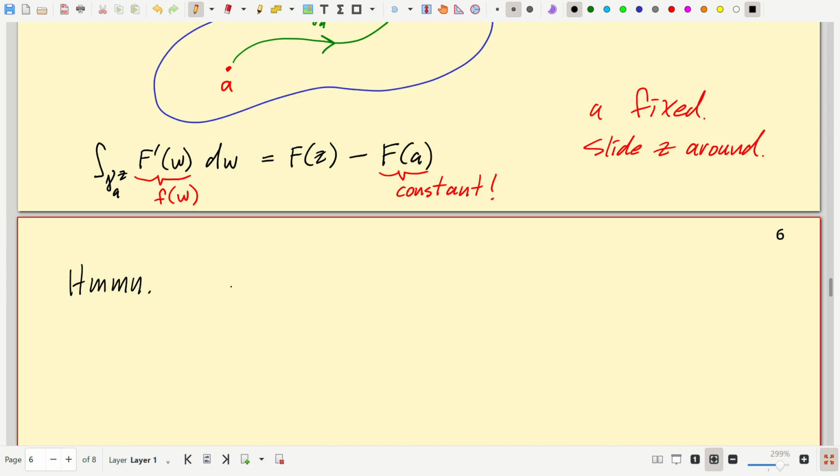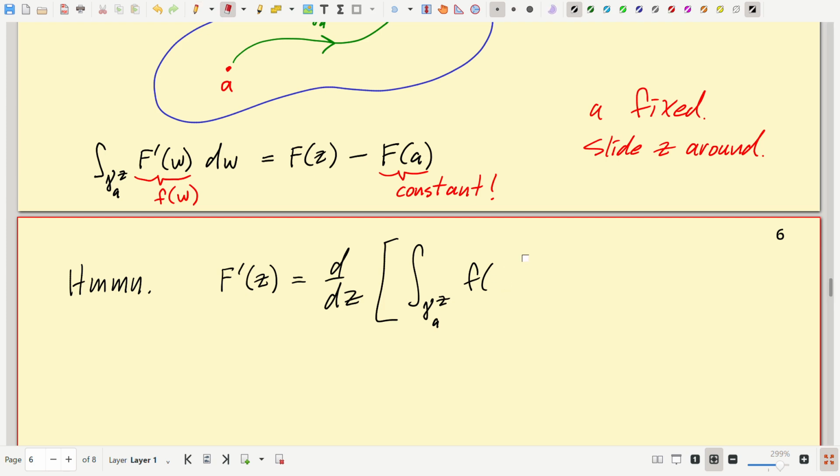Adding a constant doesn't change the derivative. So I would get F prime of z equals d by dz of the integral from a to z of f of w dw, because the derivative of a constant is 0.